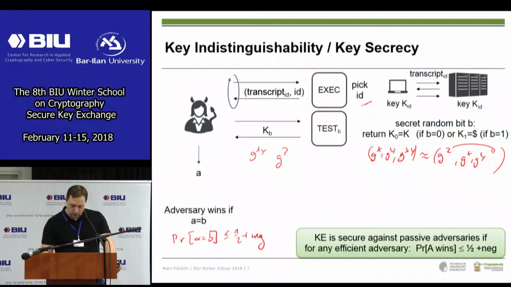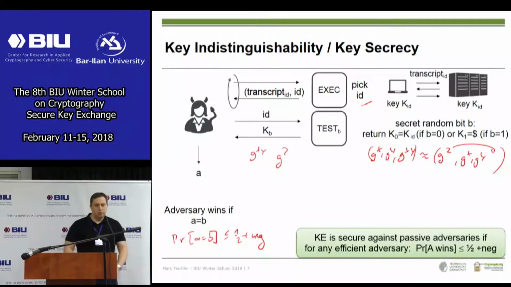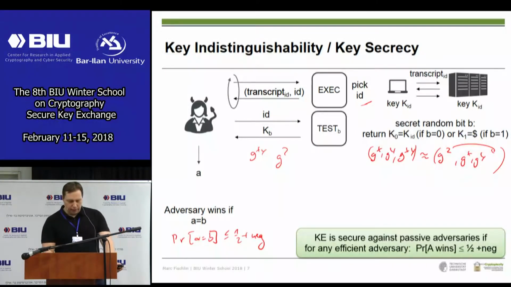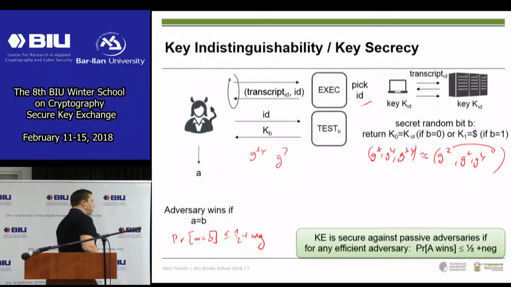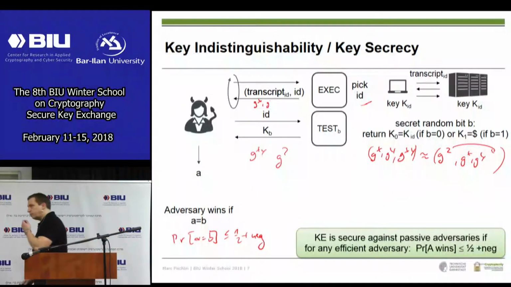So the adversary pushes the button again, gets either g to the xy or g to the z, and according to the DDH assumption, it cannot distinguish the two cases. So the probability that A equals B here is really close to the guessing probability of a half.